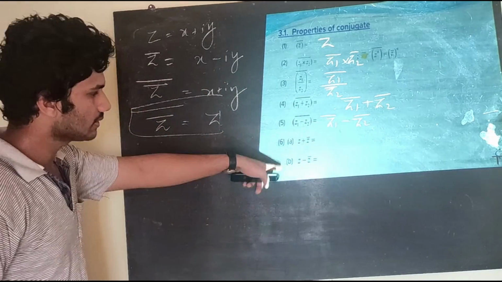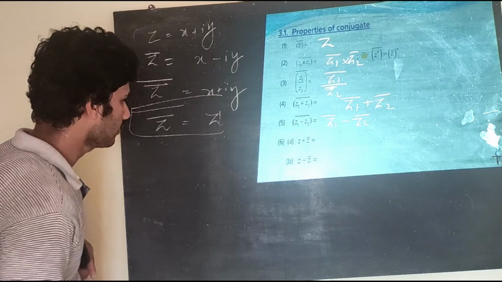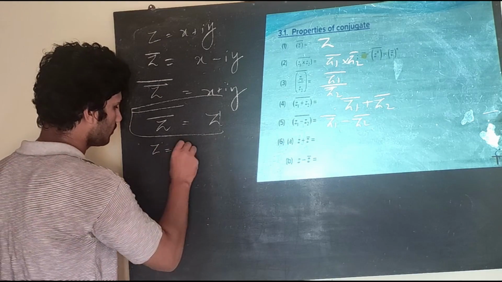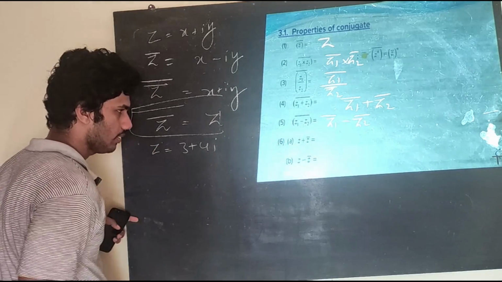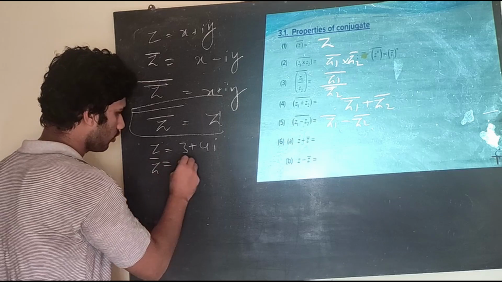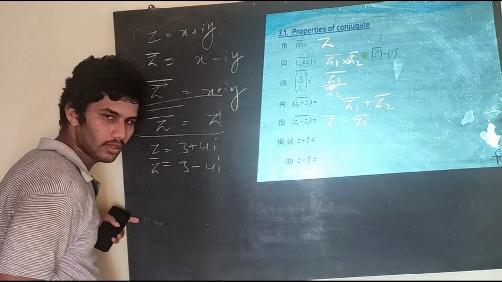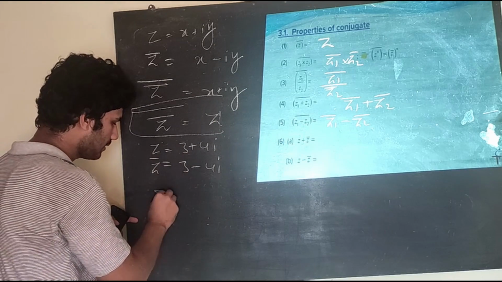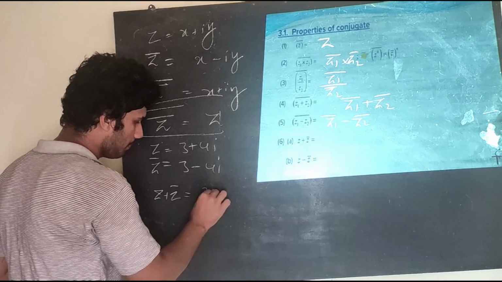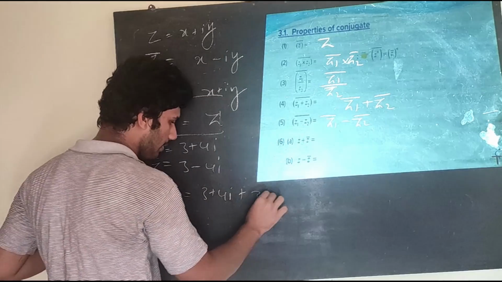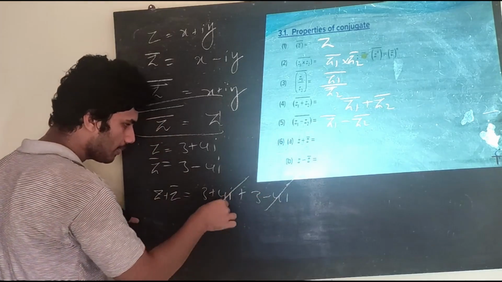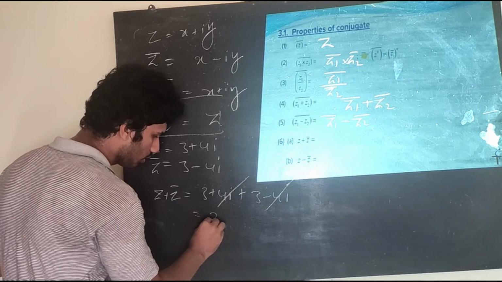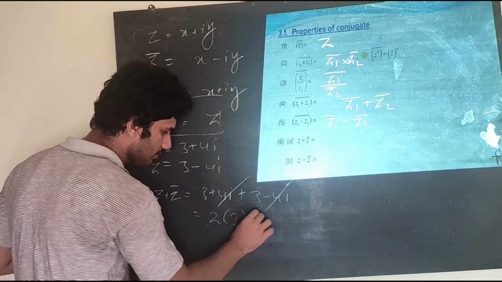Now this is quite an important thing. Let us take z is equal to 3 plus 4i. I will take the conjugate of this, that will be 3 minus 4i. When I add z plus z bar, I will get 3 plus 4i plus 3 minus 4i. The imaginary part cancels and I will get 2 times 3, that is 6.